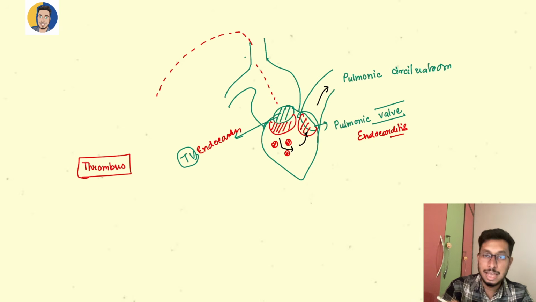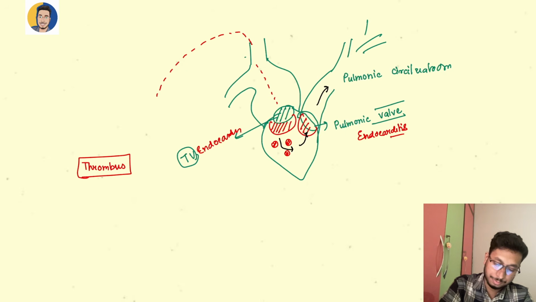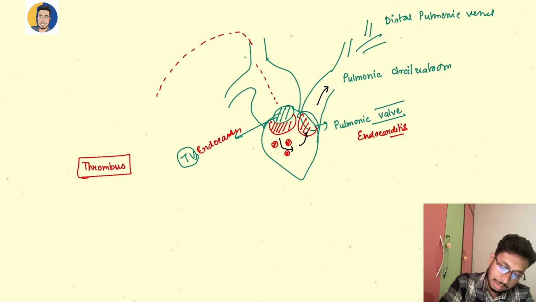It will flow until it goes to the distal pulmonic vessel, and in the distal pulmonic vessel it will lead to obstruction. It will completely clog the circulation, resulting in obstruction, and this condition will lead to septic emboli associated lung abscess.